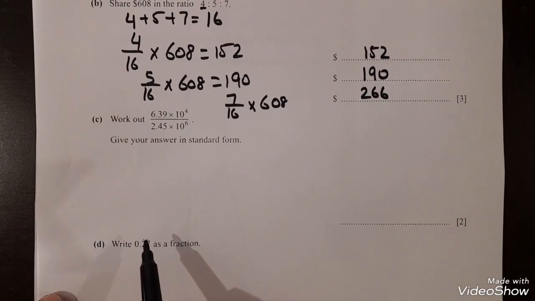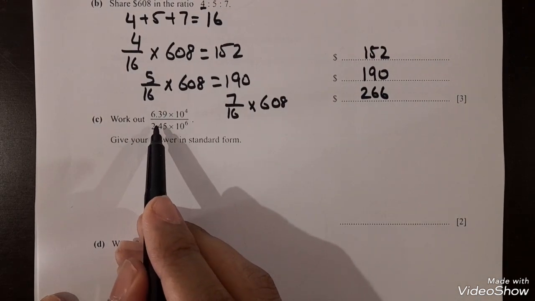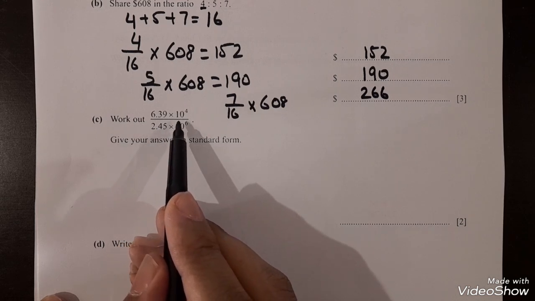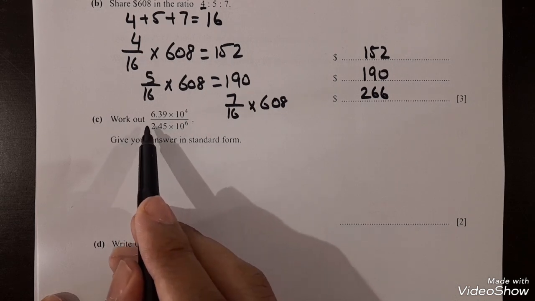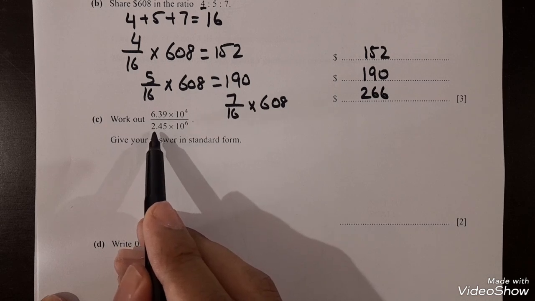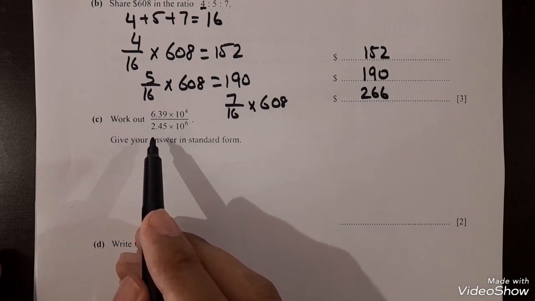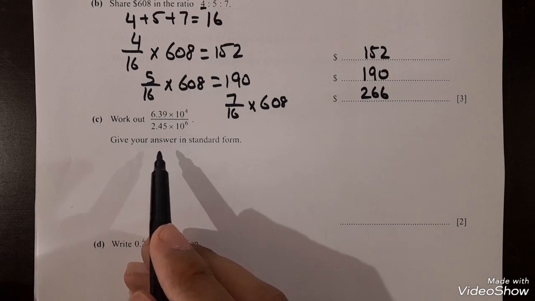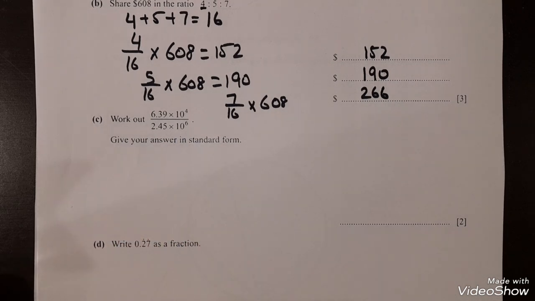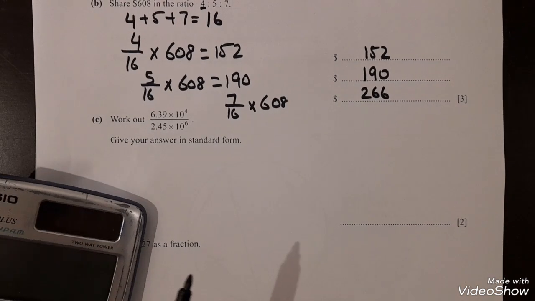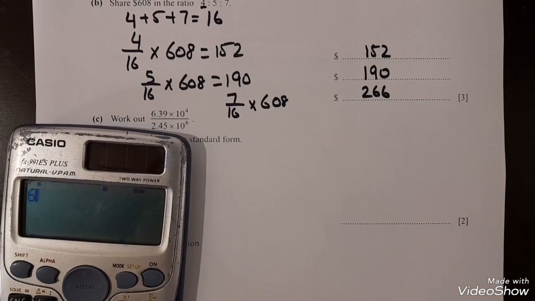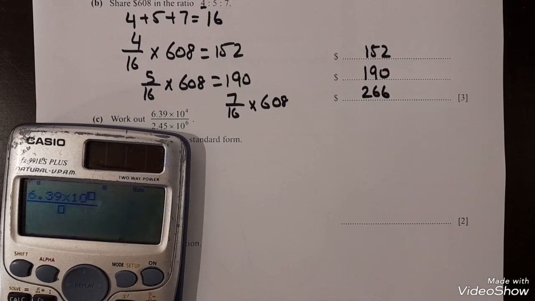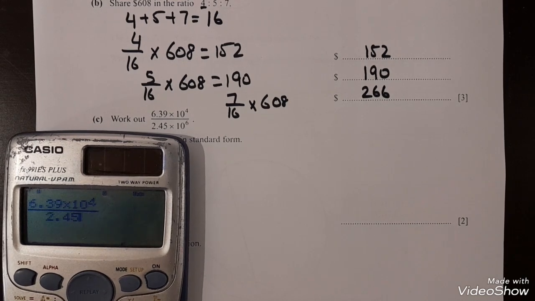Then part C states: work out 6.39 multiplied by 10 to the power of 4 divided by 2.45 into 10 to the power of 6. Give your answer in standard form. So in this, what we will do is 6.39 multiplied by 10 to the power of 4 divided by 2.45 into 10 to the power of 6.